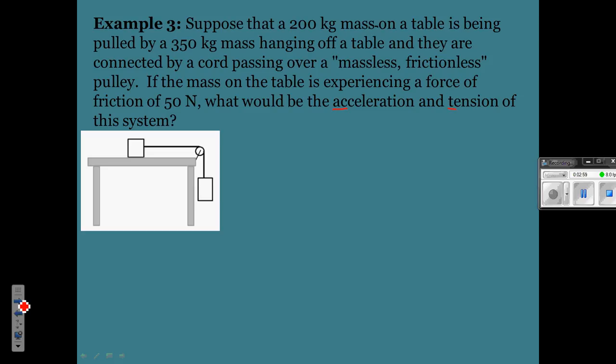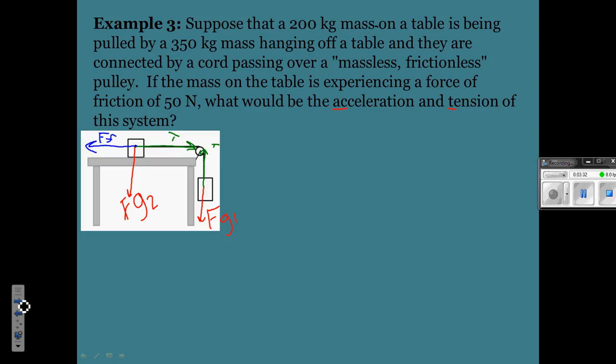Okay, let's do our free body diagram. So I'm going to use red to calculate my F of g. This is my F of g1. This green is my tension. The blue is my F of f.